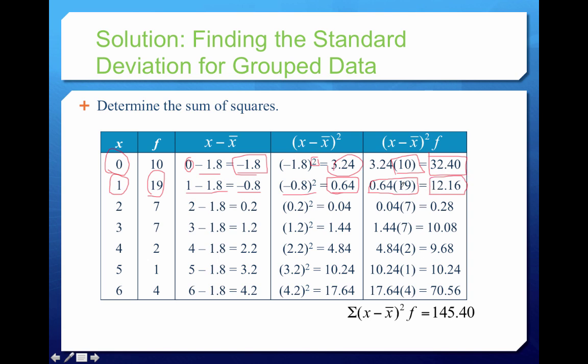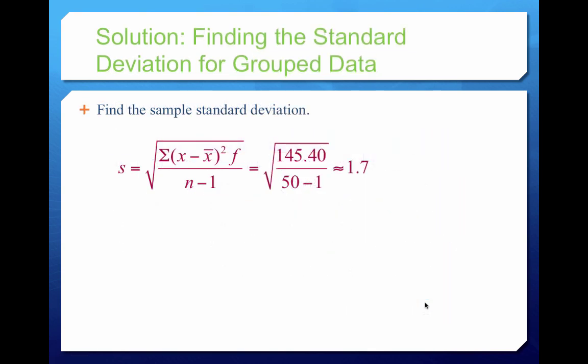We do this again for each number of children in the house, 0 through 6. Once we have all of our squared deviations times the frequency, we add them up, and we get 145.40.